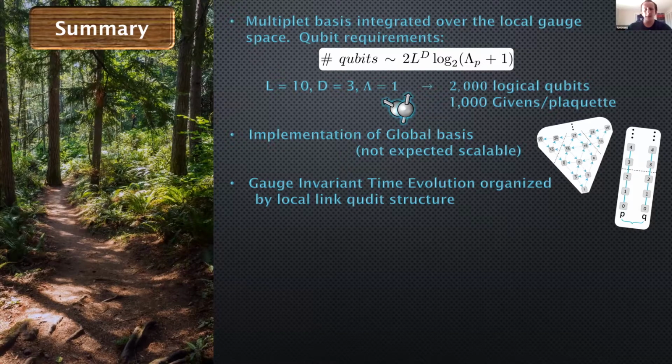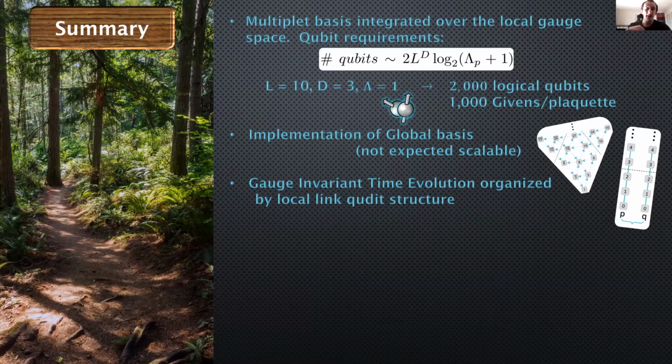So for a rather modest calculation where we have a three-dimensional lattice where each side has a length of 10, and we're looking at the first non-trivial truncation for SU3, we would need 2,000 logical qubits to store the state on a quantum computer, and to perform a time evolution, we would need approximately 1,000 Givens rotations per plaquette. So this is large, but not necessarily impossible.